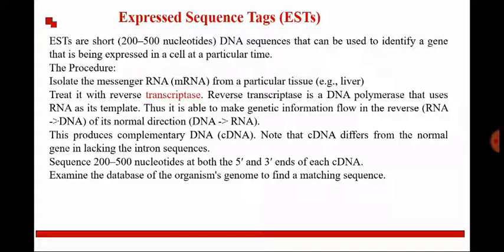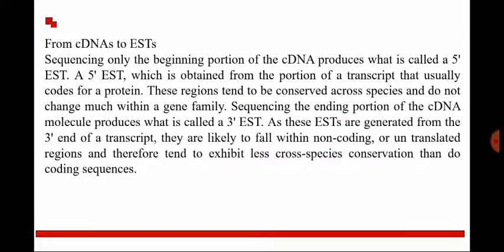Thus it is able to make genetic information from RNA. For example, here from complementary DNA to expressed tag. In sequencing, only the beginning portion of the complementary DNA produces what is called the 5' expressed sequence tag, that is EST.